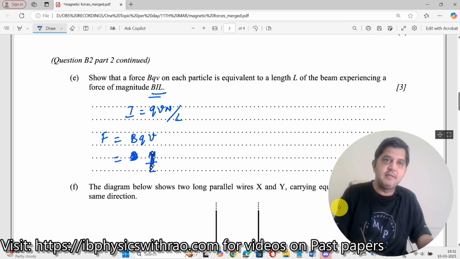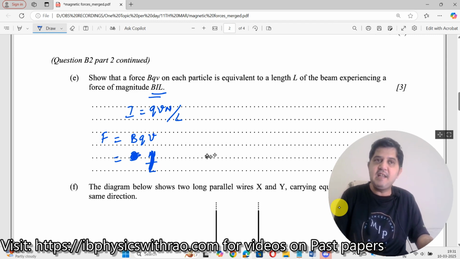Okay, this is the force due to one charge. If there are n charges crossing over there, I can now write this as Fn is equal to NBQV. We can write it like this over here.